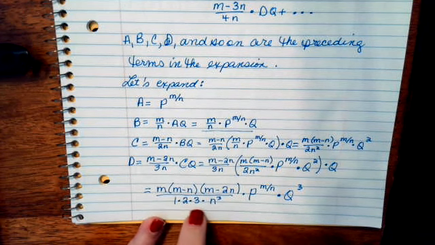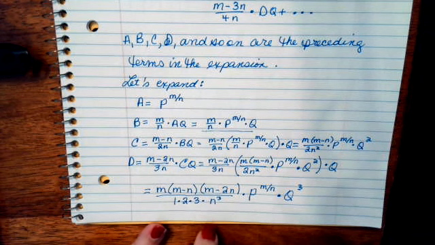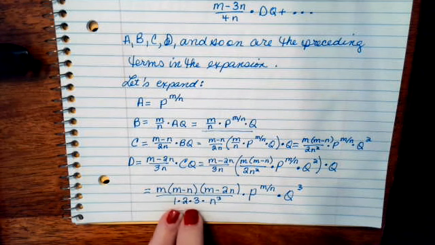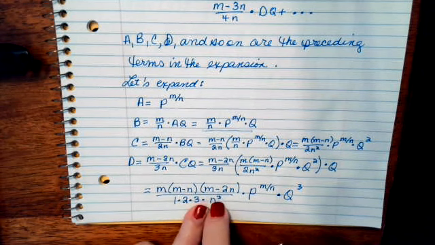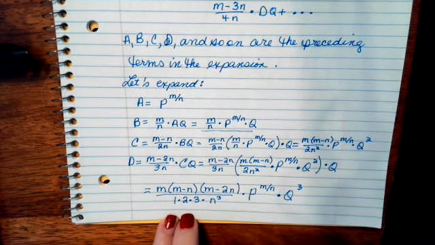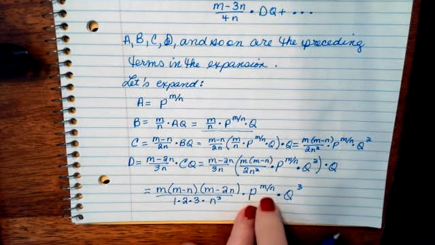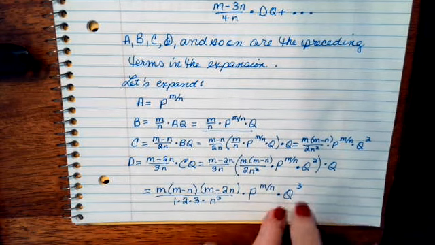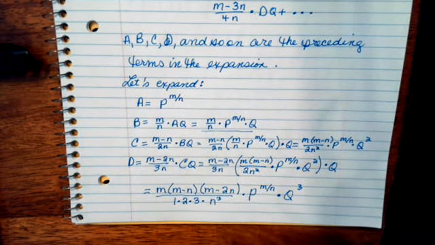Also 1 times 2 times 3, which is 3 factorial. So I could tell you what E is right now. E is going to be m times m minus n times m minus 2n times m minus 3n over 4 factorial times n to the fourth times P to the m over n power times Q to the fourth. We've got the pattern.